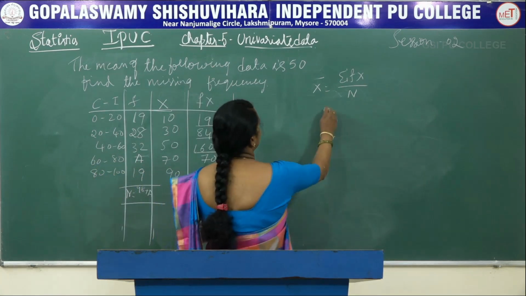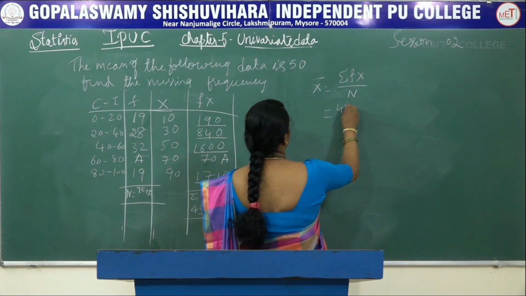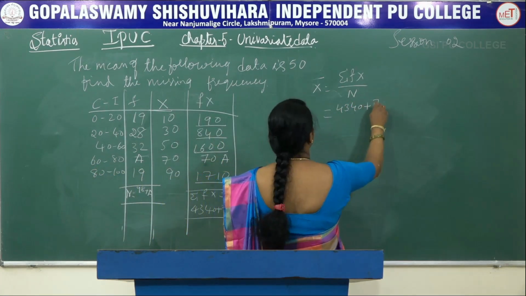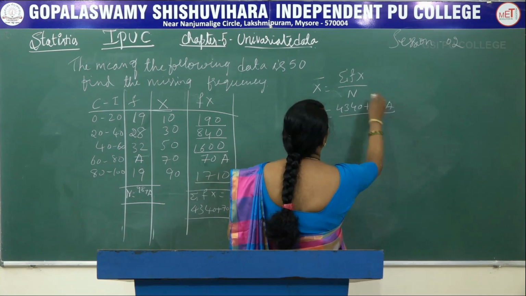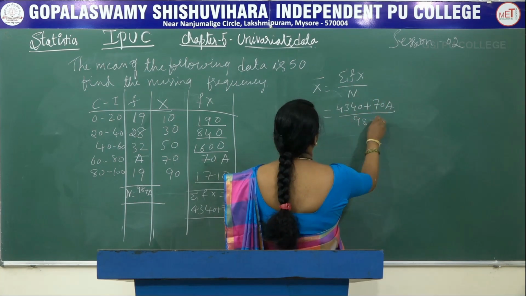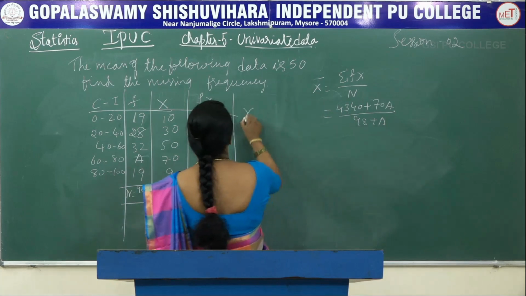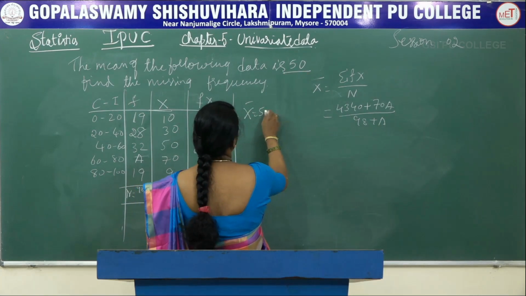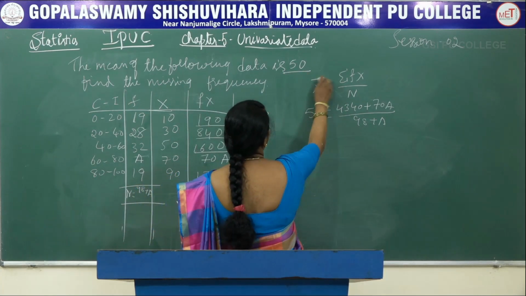Now you substitute that in formula. It is 4340 plus 70A divided by n is 98 plus A, and your x bar they have given is 50. So I'll substitute this 50 here.